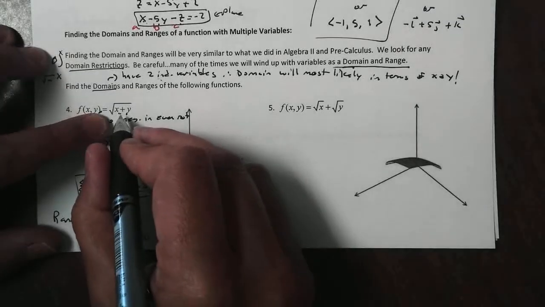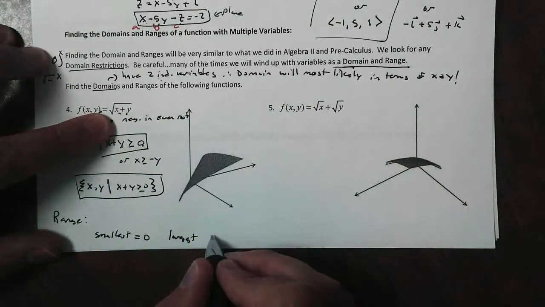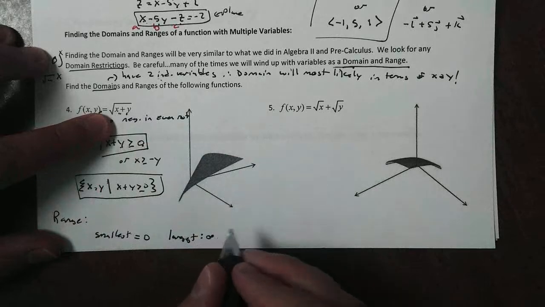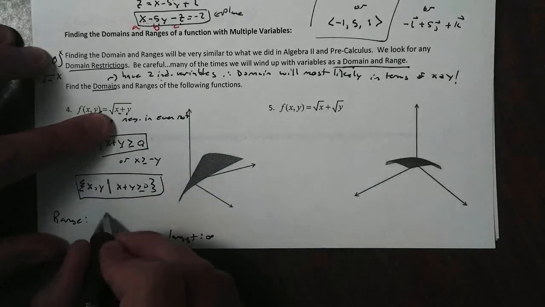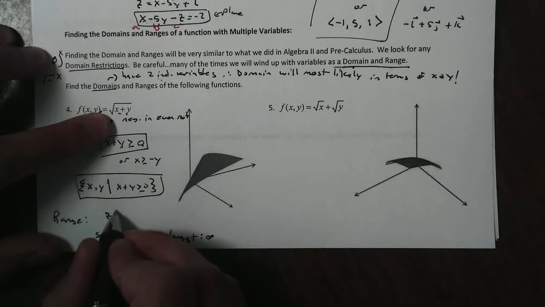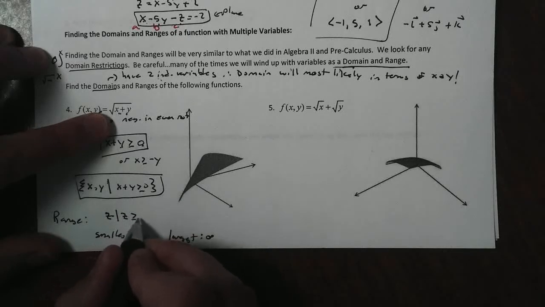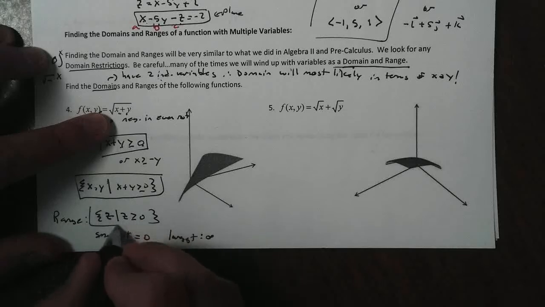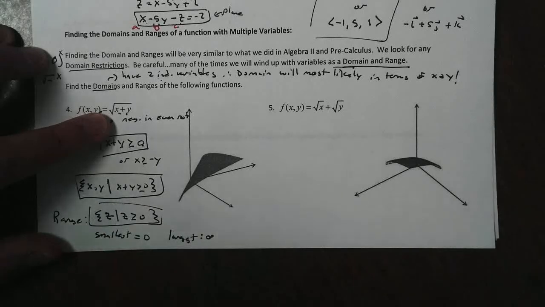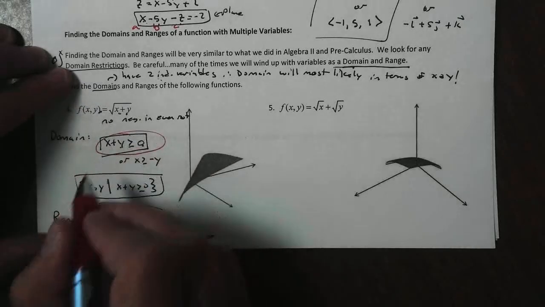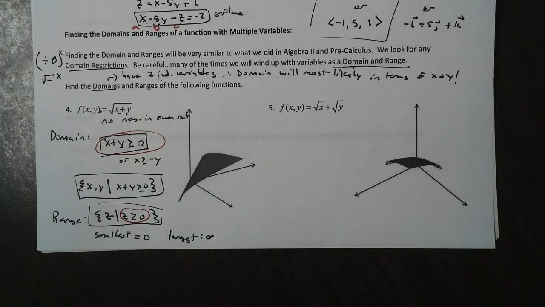Sky's the limit. x and y can be any positive number, so that goes to infinity. So my range will be all z such that z is greater than or equal to 0. If you just say z is greater than 0, I'm okay with that. If you just say x plus y is greater than or equal to 0, that's okay too.